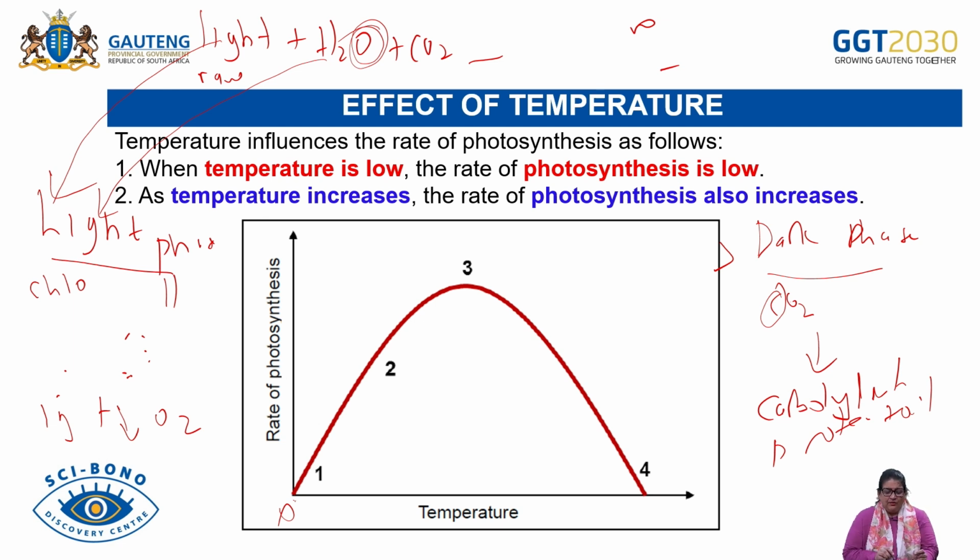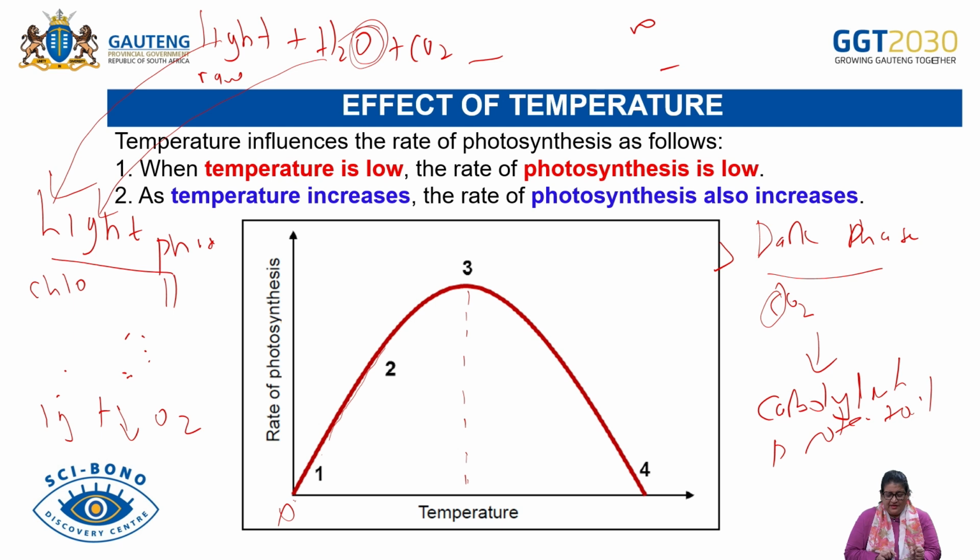In a plant now, the rate of photosynthesis is going to increase as the temperature increases. Look, the rate of photosynthesis is increasing as the temperature increases, to its optimum level here, which is actually 3. Now, temperatures higher than that, what is going to happen?